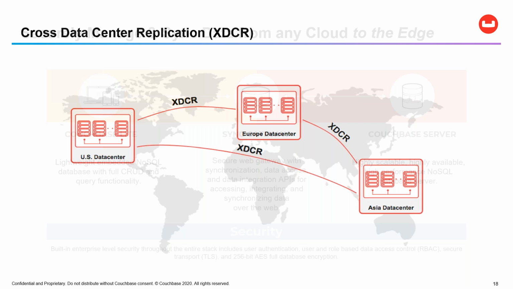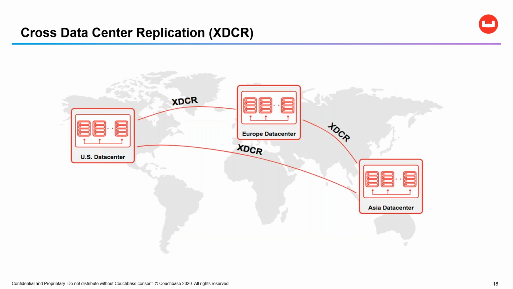So whether you're in the cloud or deployed across a set of data centers, Couchbase supports high availability through replication and disaster recovery through cross data center replication, or XDCR. And this lets you support multiple data centers or multiple geographic zones in the case of a cloud.